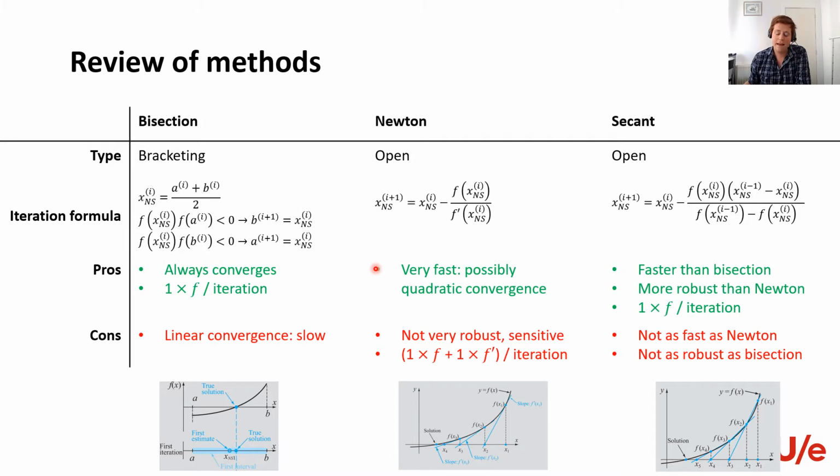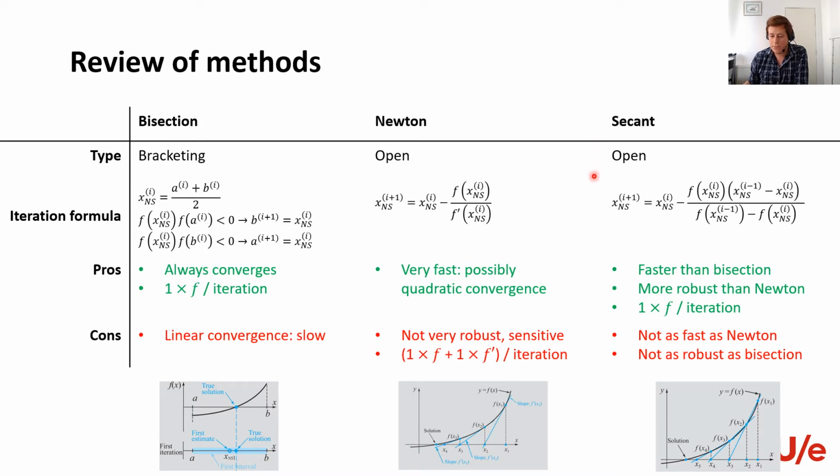That's extremely fast convergence in which the amount of digits that you get correct basically doubles in every iteration. The downside is mainly that it's not very robust and can be highly sensitive and tends to diverge for bad initial conditions.